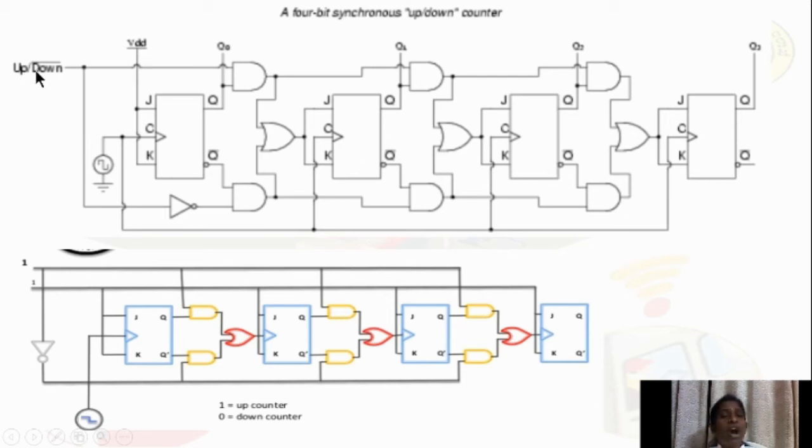If the up/down bar signal is equal to 1, then the upper AND gates will be enabled. Then the 4-bit synchronous counter circuit will increment the contents by 1, because the upper AND gates are connected to the Q outputs of the flip-flops.